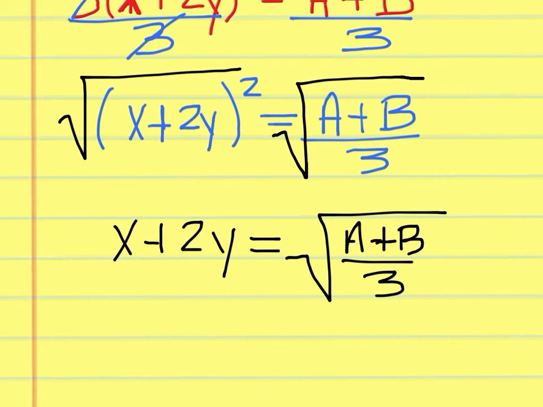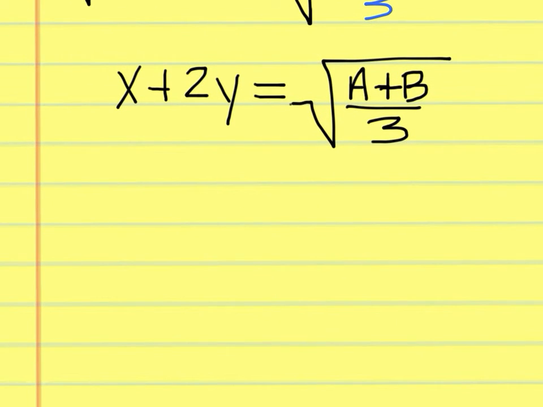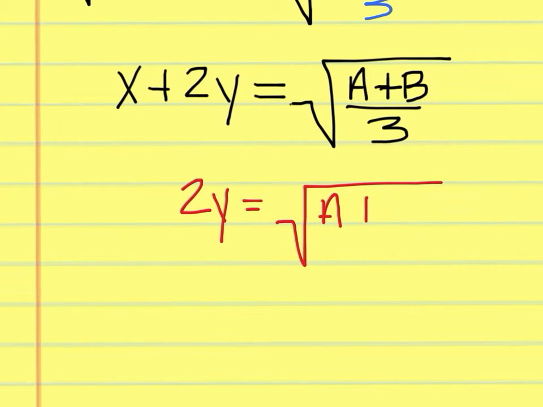So now we have x plus 2y on the left. We have to get the y by itself, so let's leave 2y where it's at, and the square root of a plus b over 3, and move the x over to this side, changing the operation. So it becomes minus x outside of the square root sign.